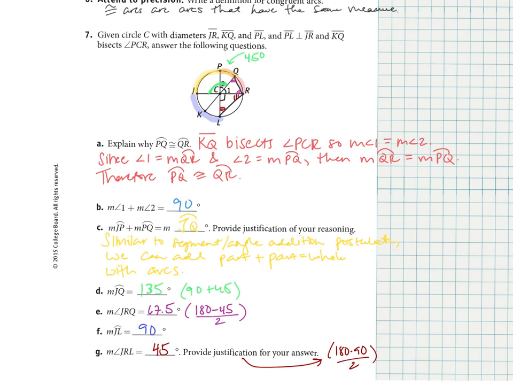So that's 90 degrees. And then for our last one, we also have to draw an isosceles triangle because we're trying to find the angle measurement of JRL. So we take 180 degrees, subtract out the 90 and divide it by 2. That's exactly what I did here to find the angle measures. So that's going to be 45 degrees.